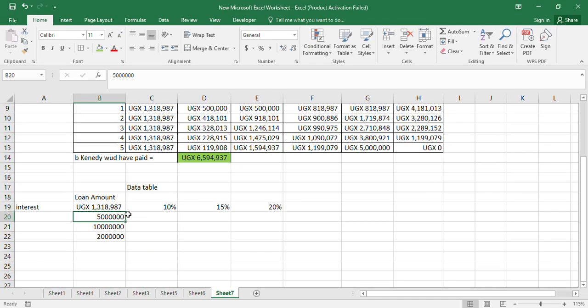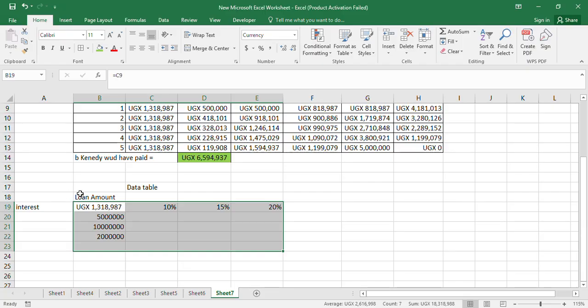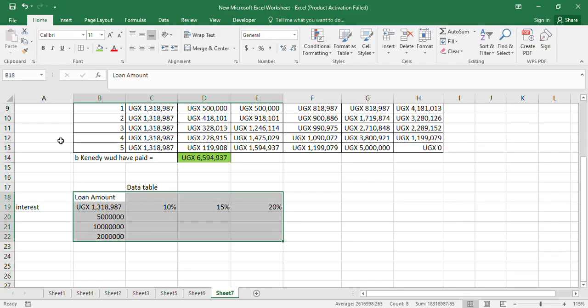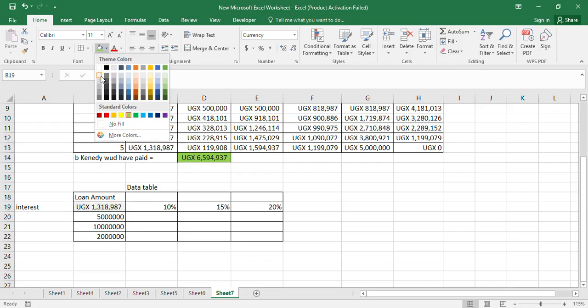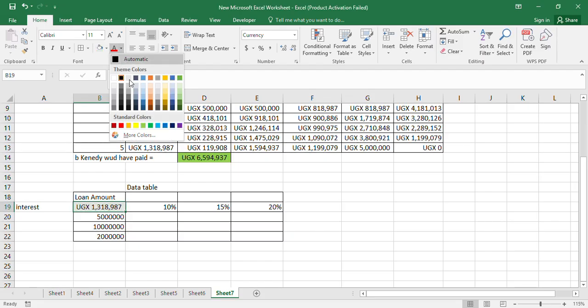So first in data tables, this is a simple thing. First, put this in a table format. Okay, but you shall vary this. Let's put it in a color that varies.